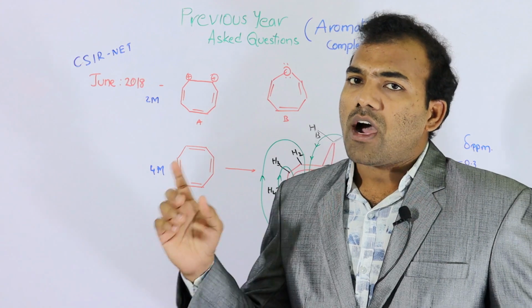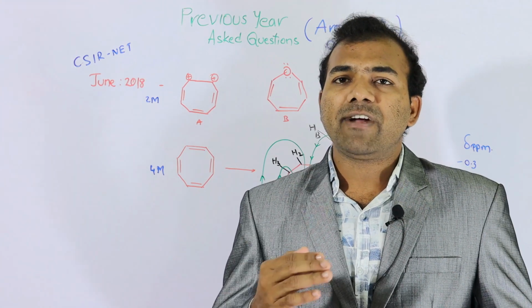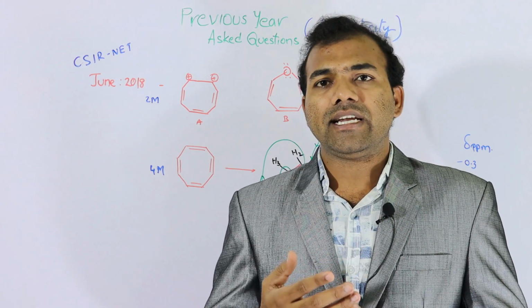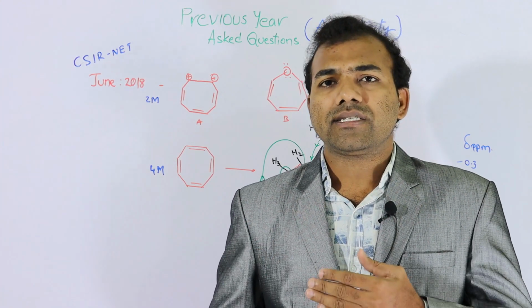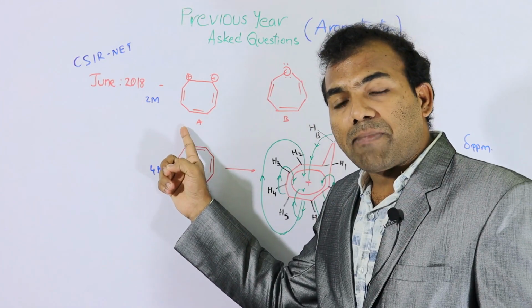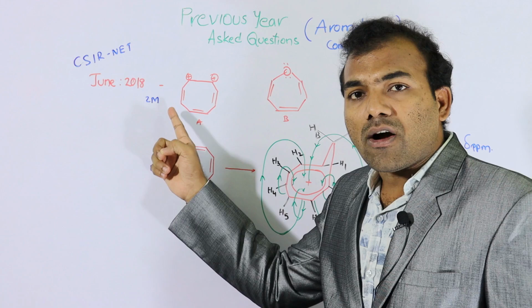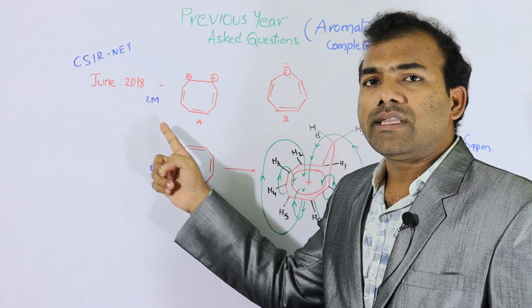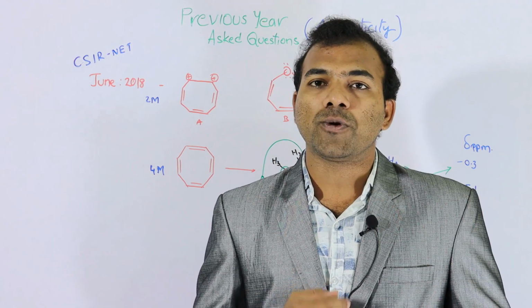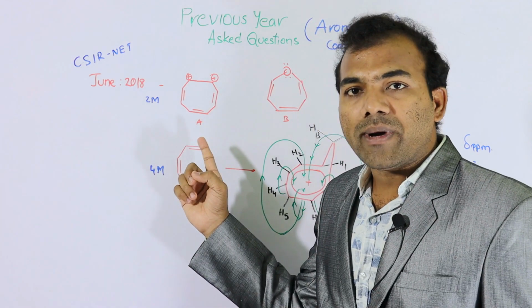After removal of hydrogens, the compound gains stability. It reduces its strain, so the compound is stable in a planar structure. The compound is planar and there is conjugation of pi electrons in the ring, 6 pi electrons, satisfying Huckel's rule. So it is an aromatic compound.